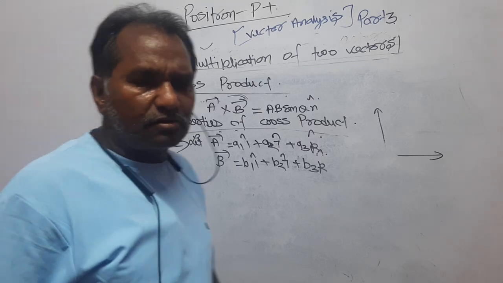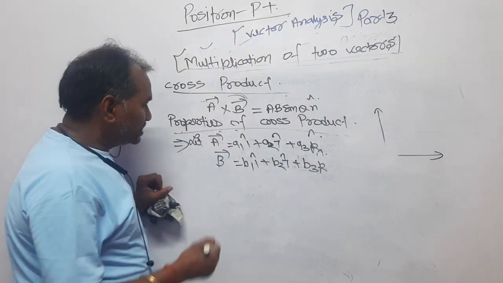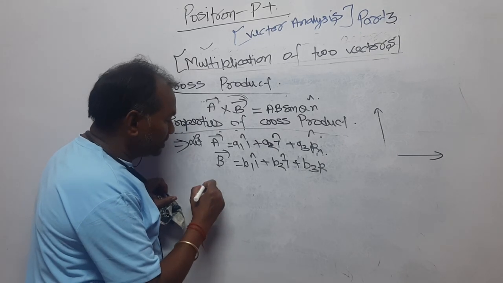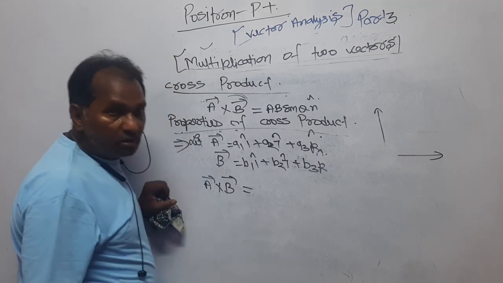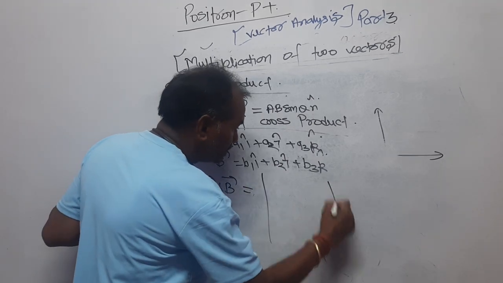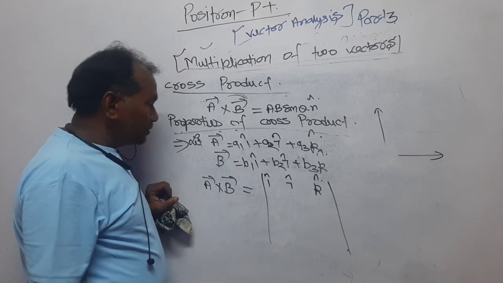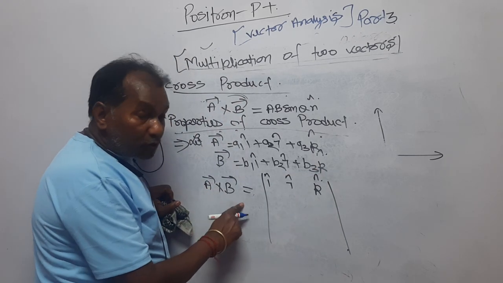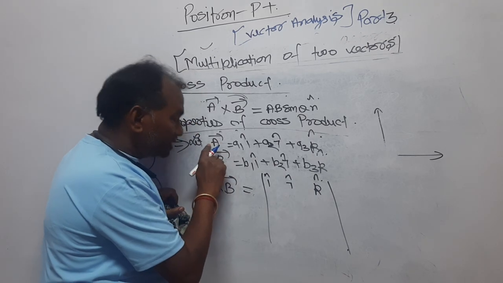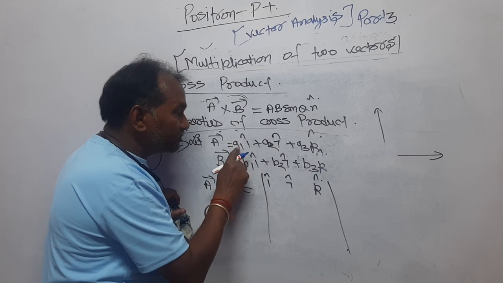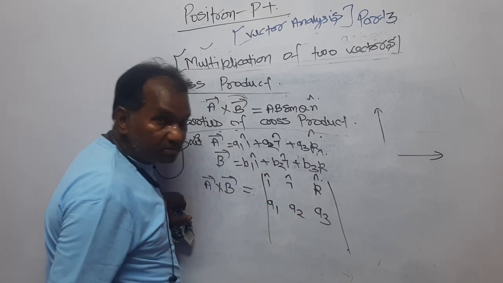But in A cross B it is not so, right? You have to make a matrix like this and find A cross B. How will you find it? Dear students, I am writing here i cap, j cap, k cap. Now vector A cross vector B, so write down the coefficients of vector A: the coefficient of i cap is a1, of j cap is a2, of k cap is a3.